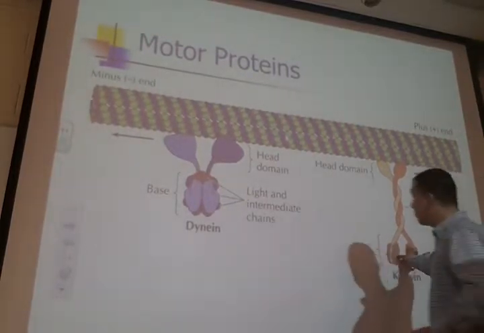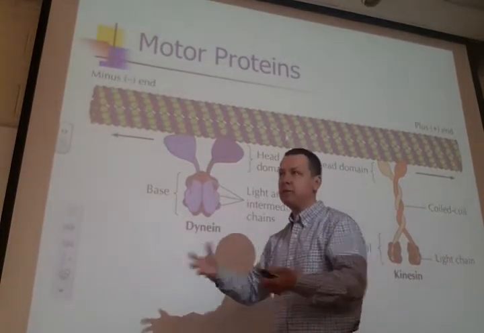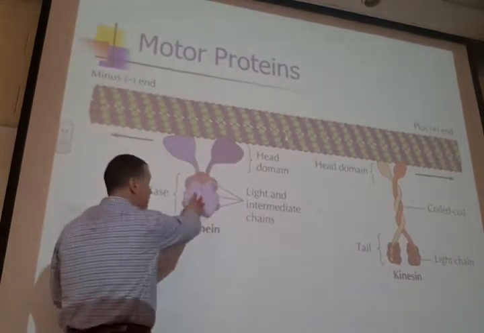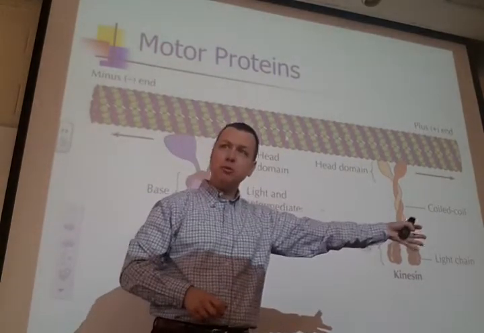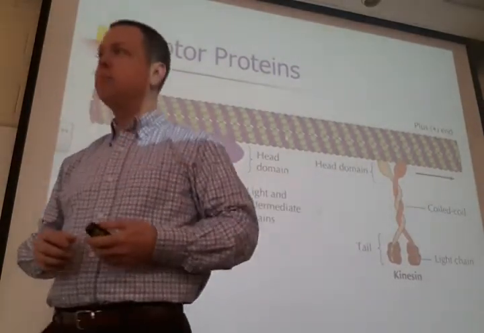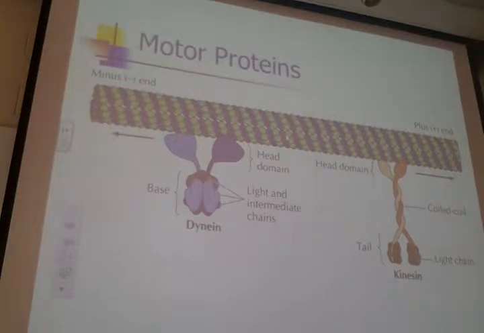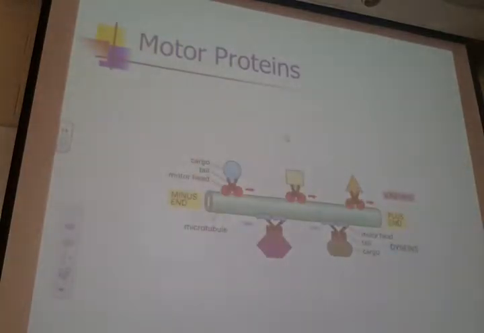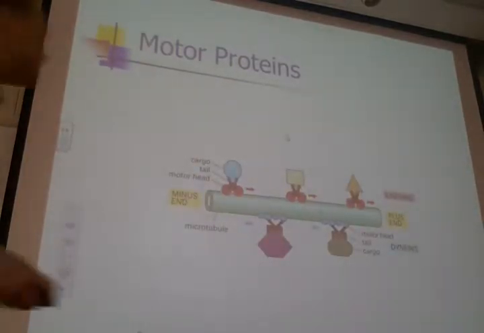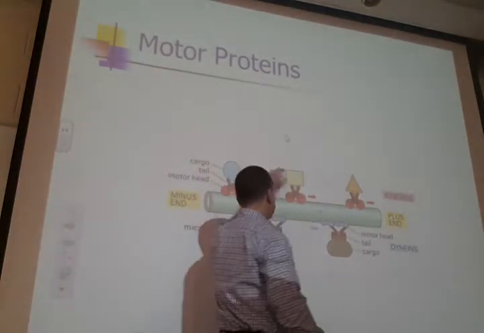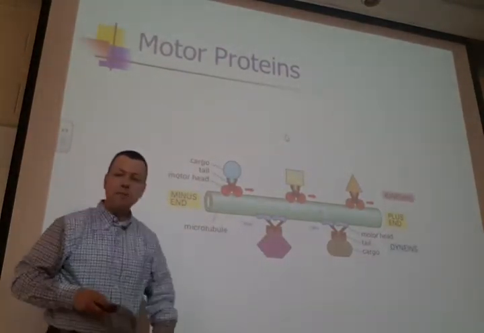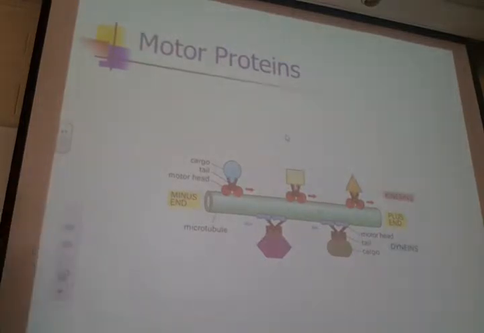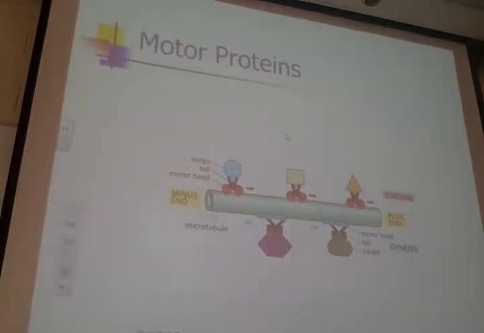So they differ by what cargo they carry or move, but if you're a dynein, you're always moving towards the minus end. If you're a kinesin, you're always moving whatever your cargo is towards the plus end. So again, all the kinesins walking various cargoes towards the plus end, all the dyneins walking towards the minus end. So again, this polarity idea is really, really important to these microtubules.